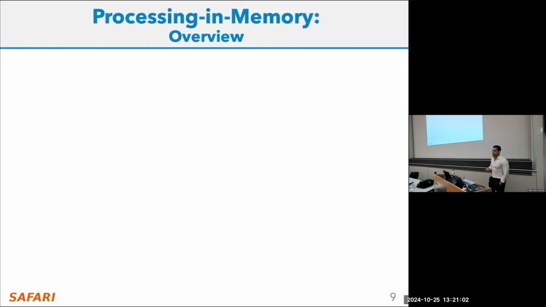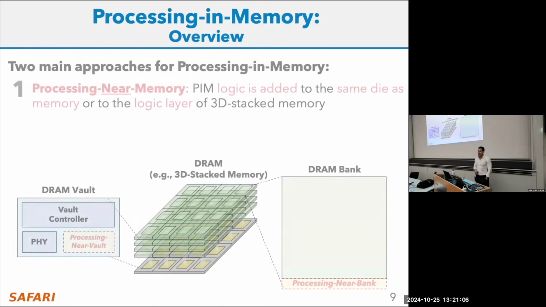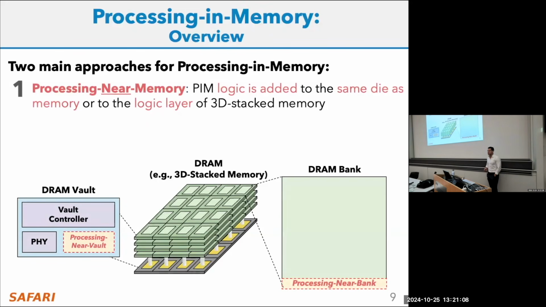We also talked about the taxonomy of processing-in-memory architectures, and we broke them down into two subgroups. The first one was processing-near-memory architectures, which are similar to a regular von Neumann architecture, where we have a distinction between logic and memory.